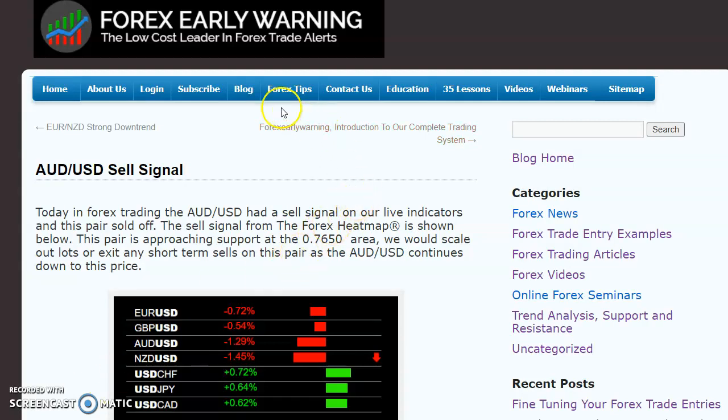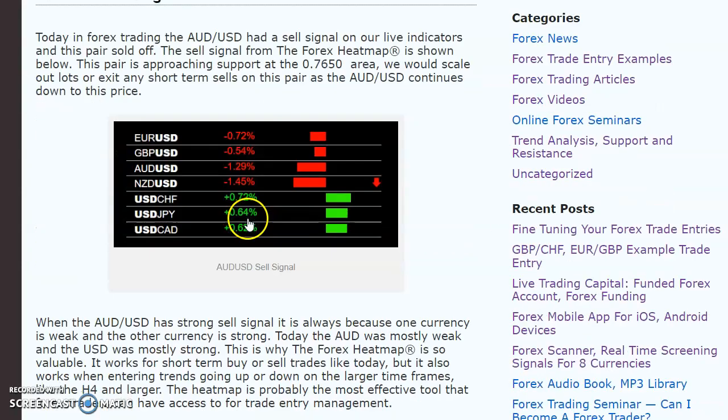So here's an example. If you go over to our blog, we have about 10 example trades to show you different signals and configurations. So in this case, the US dollar is pretty strong, but the Aussie dollar and New Zealand dollar had weakness, so they really dropped very fast.